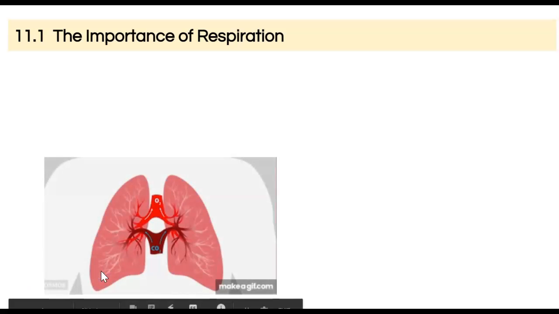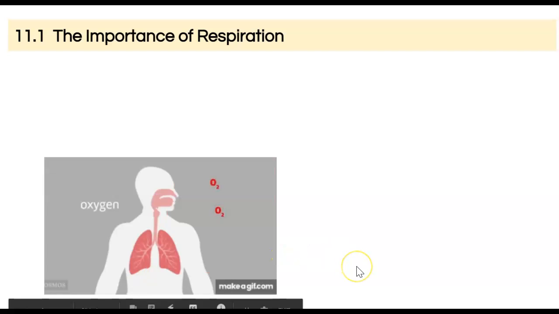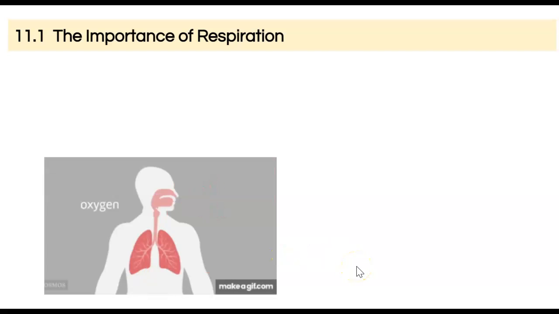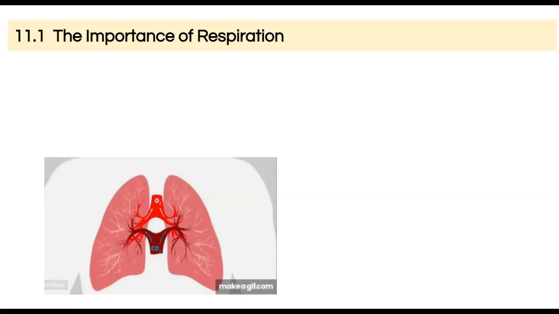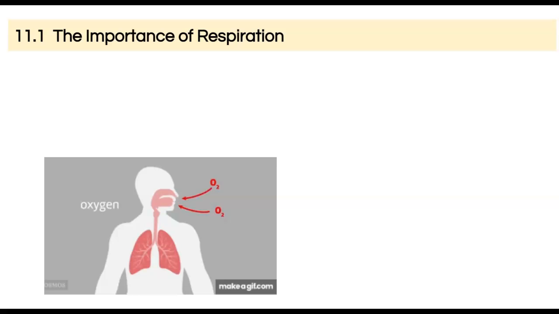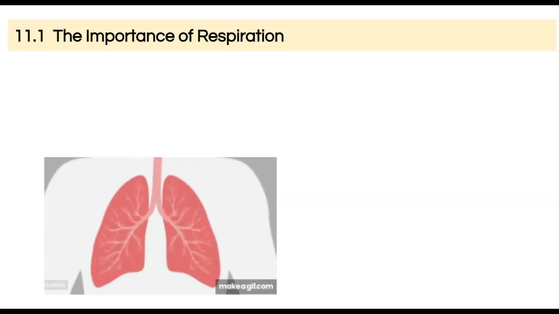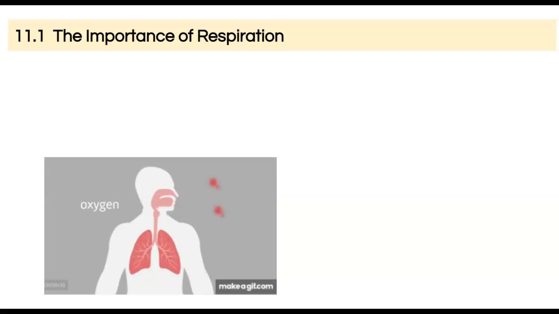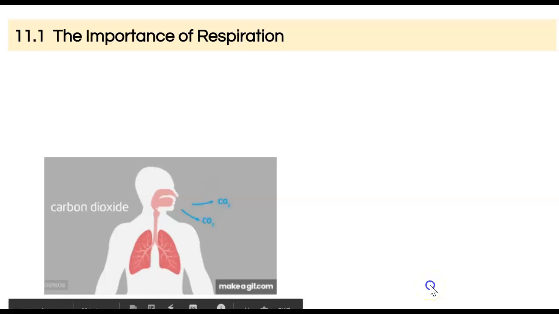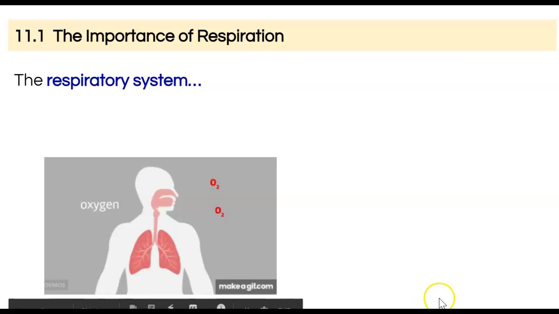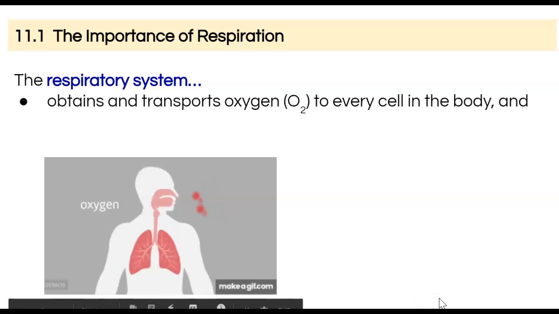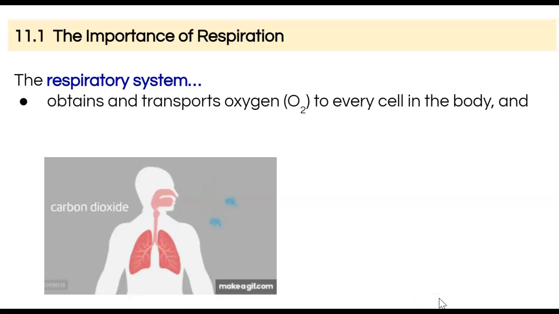So the first thing I'm going to do is get you to think about, when you think about respiration, what comes to mind? And I'm going to suggest that most of you will think about the idea that we need to take in oxygen and we need to expel carbon dioxide. And that's a really important part of respiration. But I'm also going to guess that if you really dug deep, you would get to the next piece, which is the purpose of respiration.